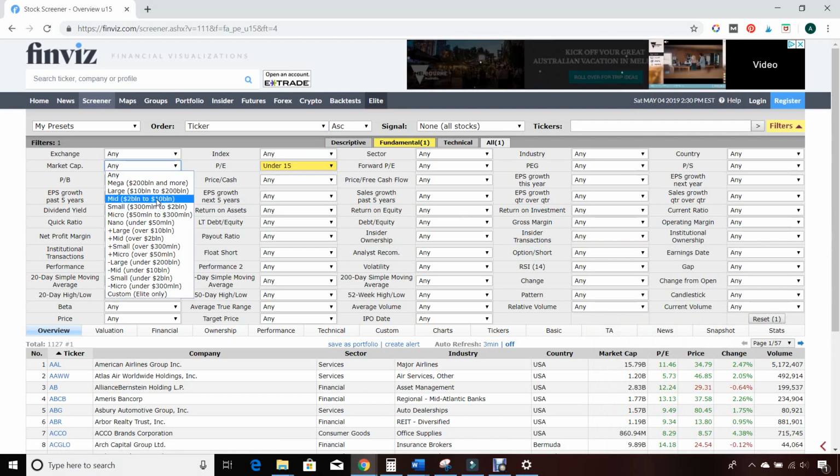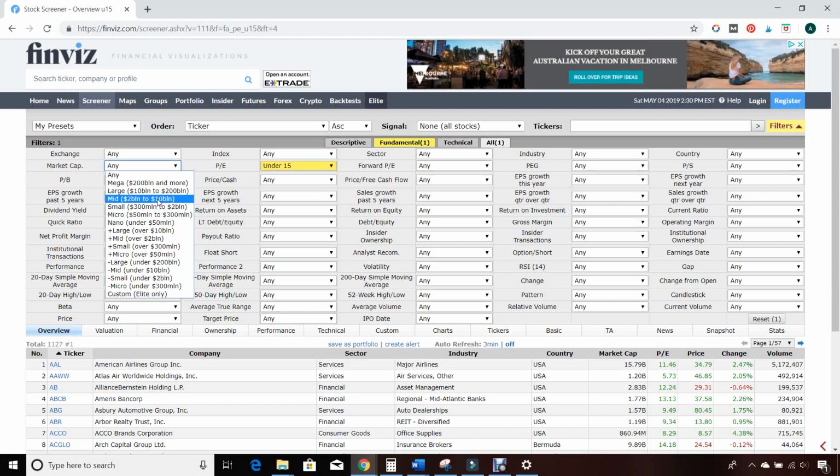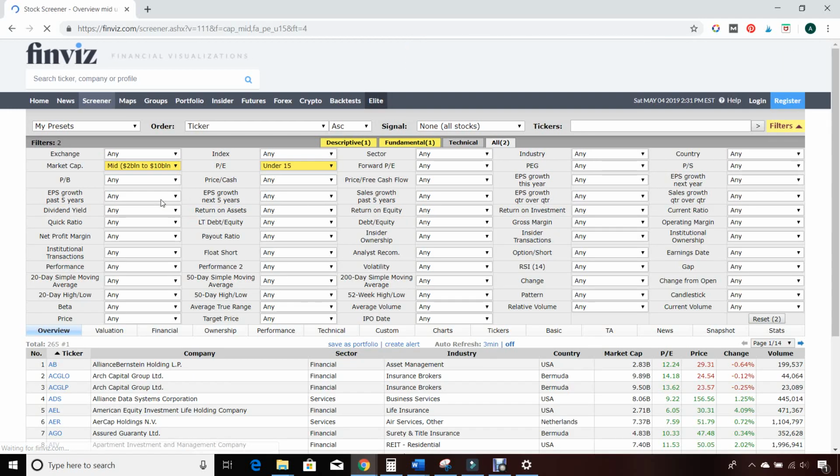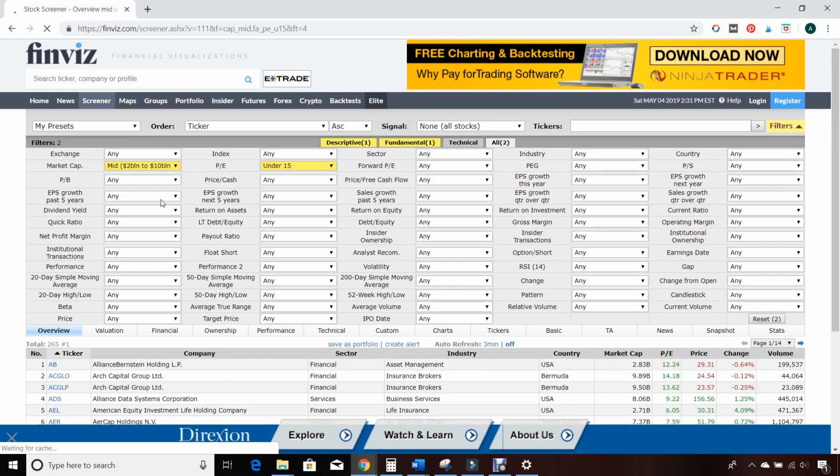In my experience, typically you'll find the best value stocks under a $10 billion market cap. And this is because there's just less competition. With super mega cap companies, it's very difficult to find good value stocks.